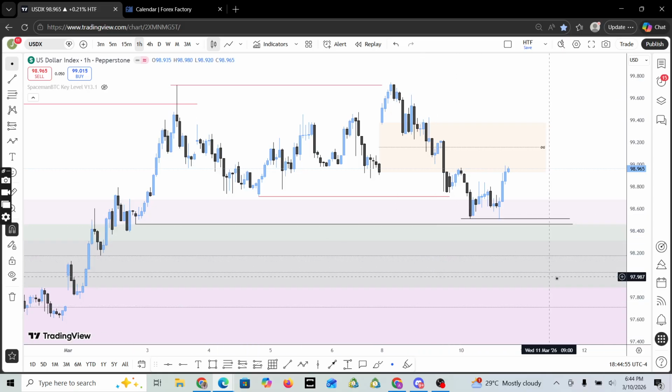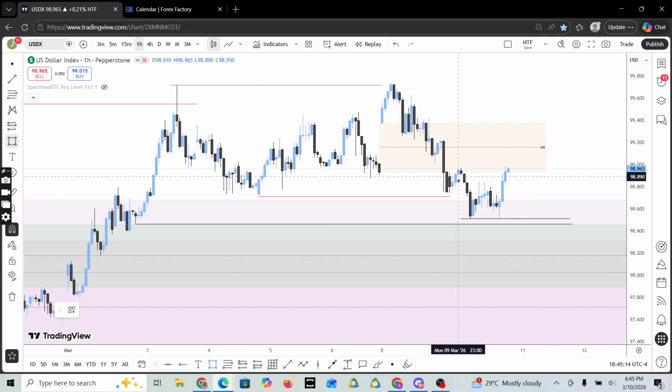So on the H1, this is the flat lows that I actually outlined. Seeing this being closed above, I want to see this one also being closed above, and then I would love to mark this one out.